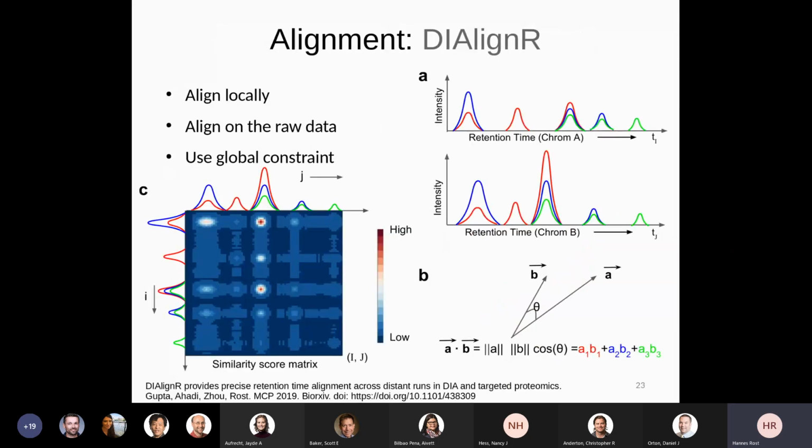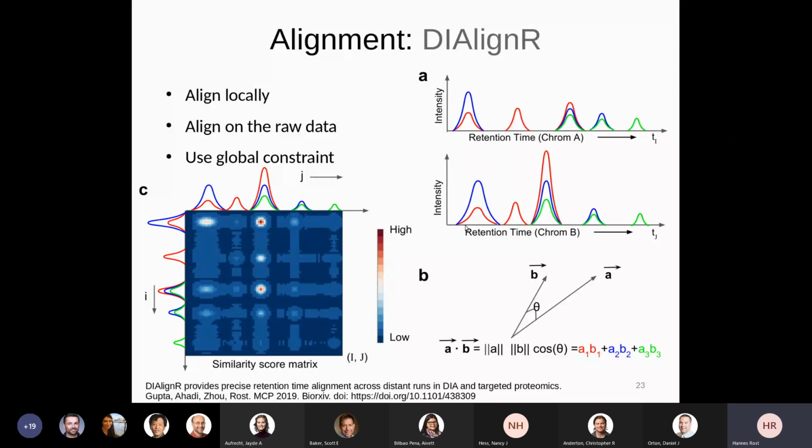And so what we ended up doing was actually a much more localized approach, where we would use a technique called dynamic programming, which is a very well-established technique in computer science and bioinformatics, and we would directly operate on the raw data. So instead of trying to find one global mapping of one feature to another, we would directly identify an optimal function to align the data in a chromatogram of a specific peptide in run A to the chromatogram of the same peptide in run B, and then use that localized function that could be different for every single peptide.